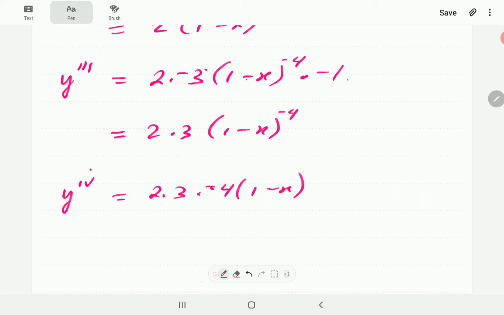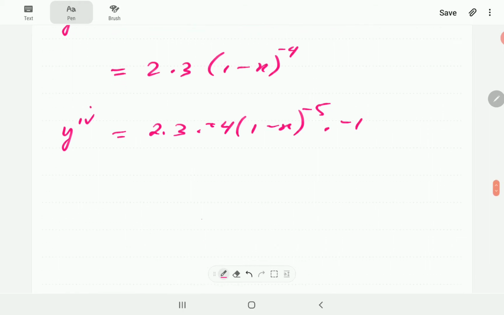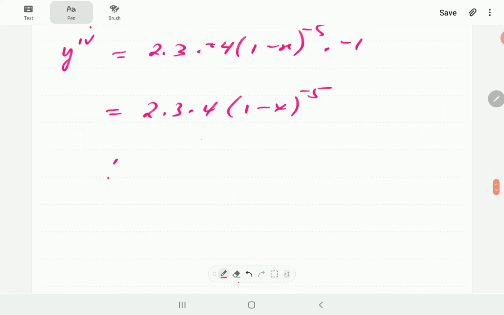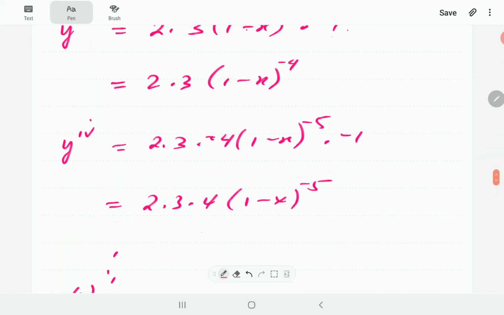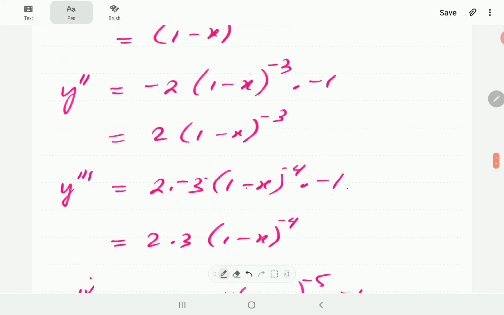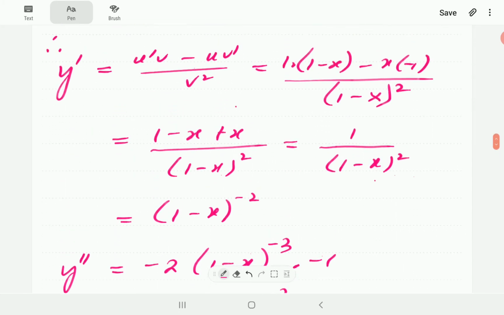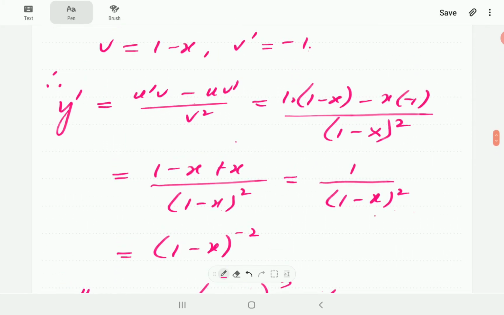Fourth order derivative is going to be 2 times 3 times -4, 1 minus x to the power -5 times -1, and then again this simply becomes a positive. So from that nth order derivative, this time it appears that all the derivatives are positive.